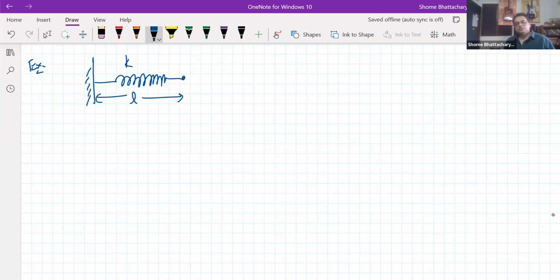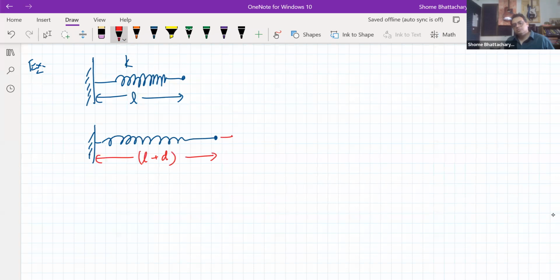Now initially it is at this state. Now we want to apply some external force on it so that we are able to extend the spring from this state to this state. Suppose the extension is by D.